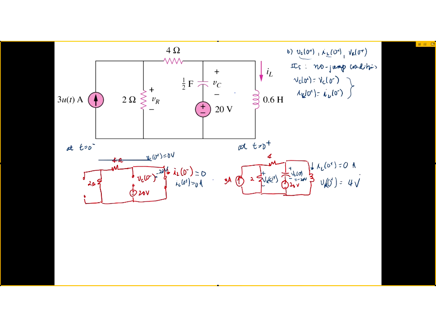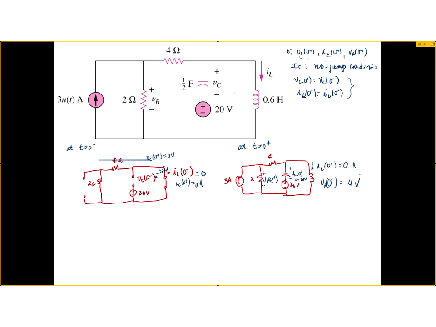Finding initial conditions. So for the inductor's current and the capacitor's voltage, nothing new because we did that in chapter 7, right? When you're doing the V infinity, V naught, and I naught.